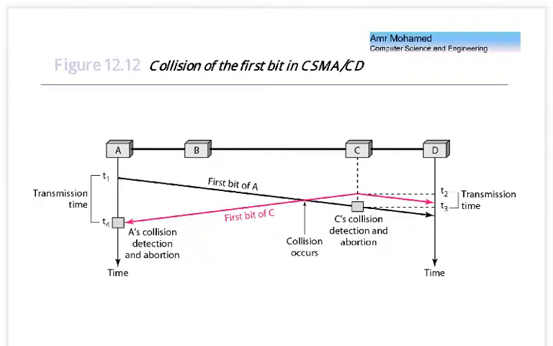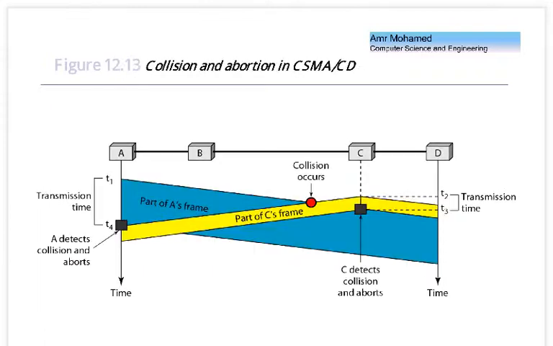Okay? So to illustrate this, we show the whole frame. So in the previous diagram, we showed only the first bit of transmission from A and from C. Now we show the whole frame. So now C will start transmitting here, and will realize that A is sending at this point.